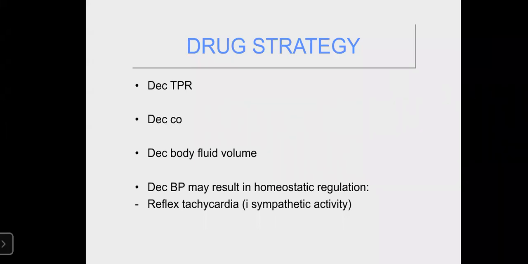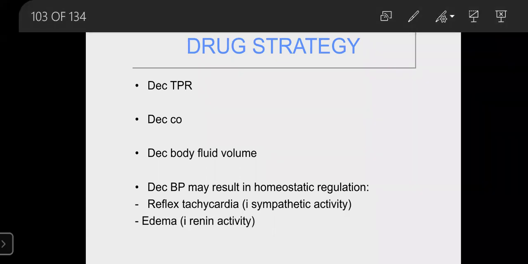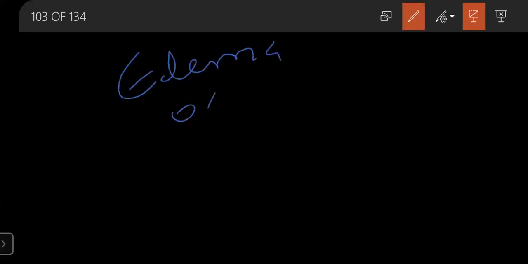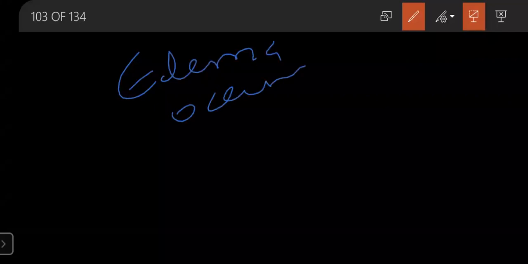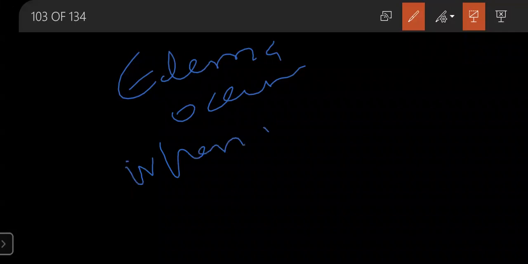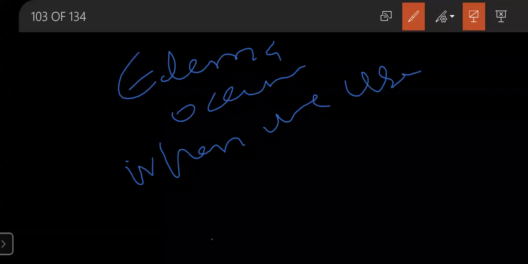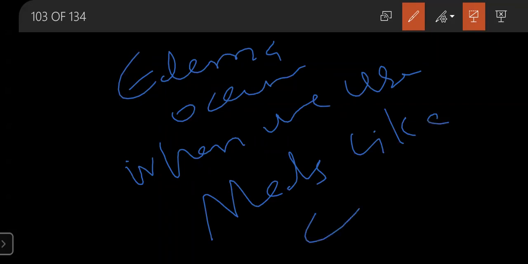So alpha 2 agonists, centrally acting medications like, before we go to this point, I will just go back and tell you why edema occurs. Edema occurs when we use medications like calcium channel blockers.